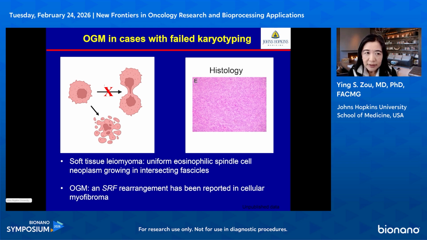For example, in this unmasked specimen, OGM identified an SRF rearrangement, which was further confirmed by other methods such as RNA sequencing testing, which led to a revision of the original diagnosis from soft tissue leiomyoma to cellular myofibroma. This case highlights how OGM can be very important for challenging disease entities.